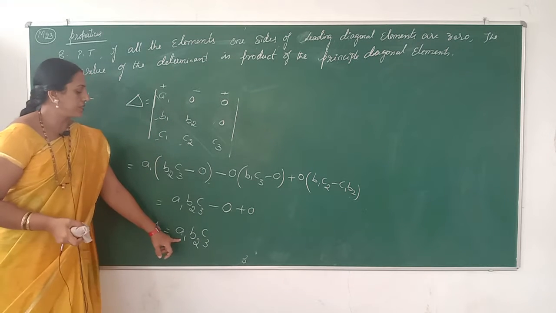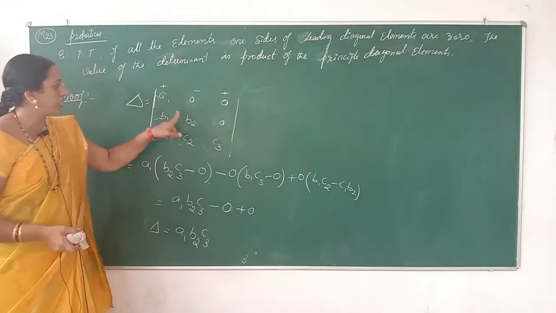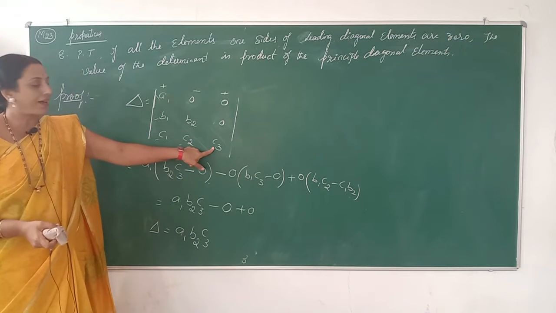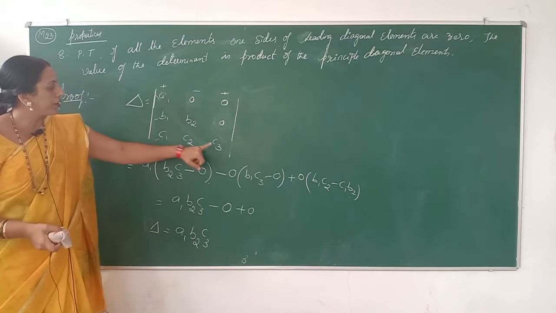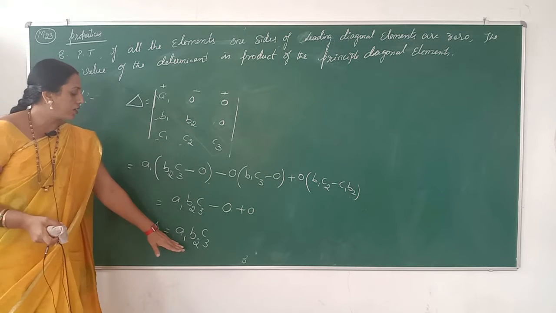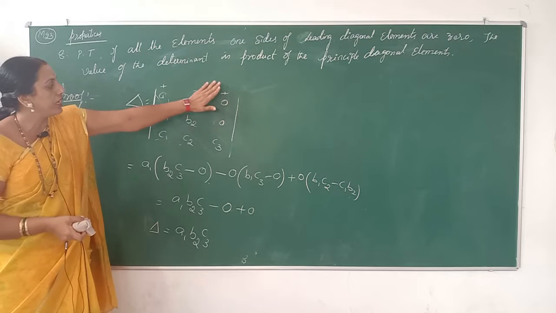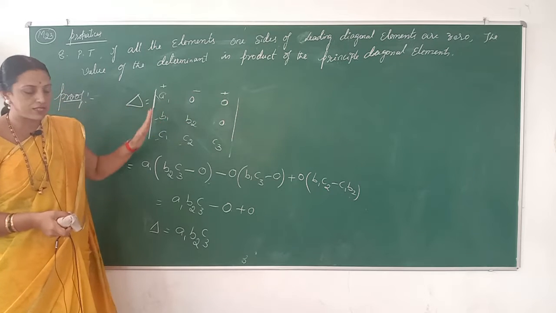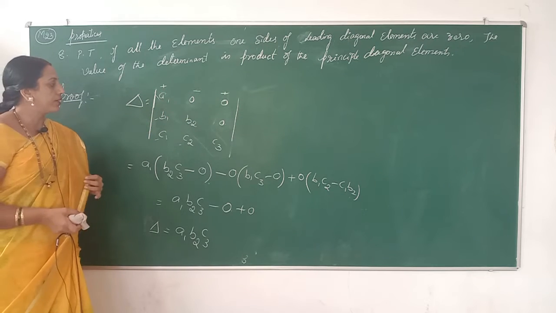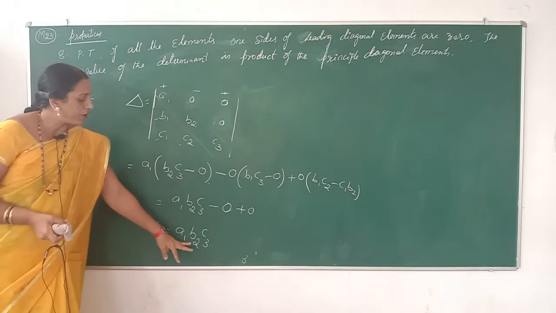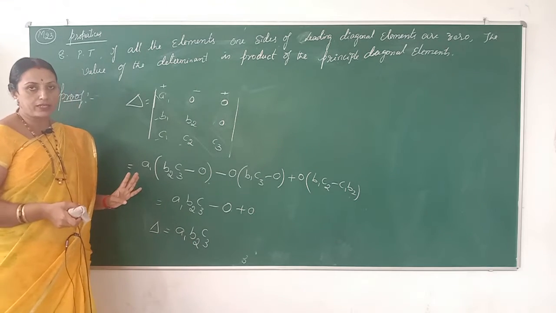But if these elements a1, b2, c3 are the principal diagonal elements, the product of these three elements is the value of delta. So if one side of the leading diagonal elements is 0, then the value of the determinant is the product of the principal diagonal elements.